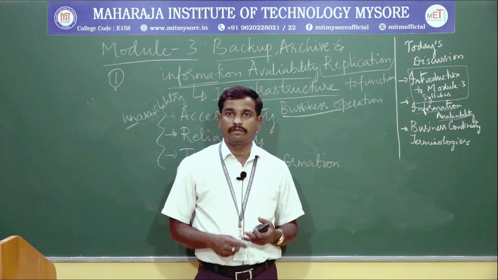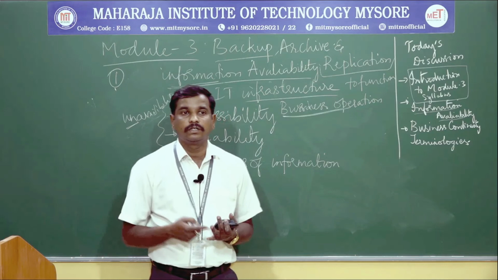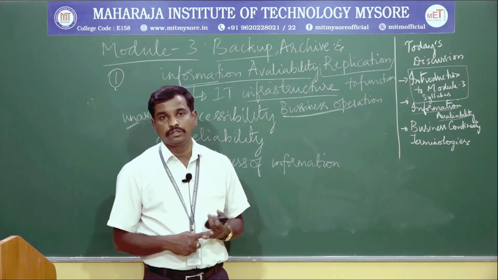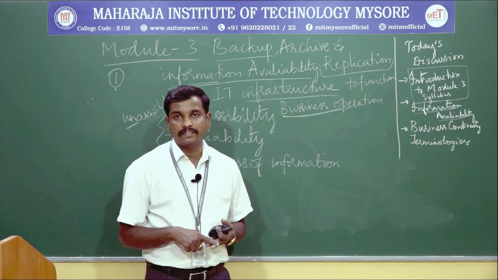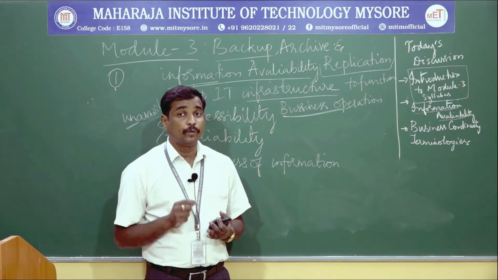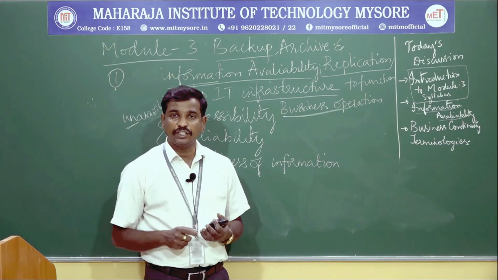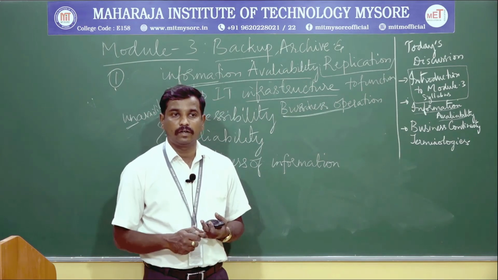The productivity will be lost, and obviously if the productivity is lost we are losing revenues, the financial performance measures will be reduced, and most important, the reputation of the organizations will be lost.